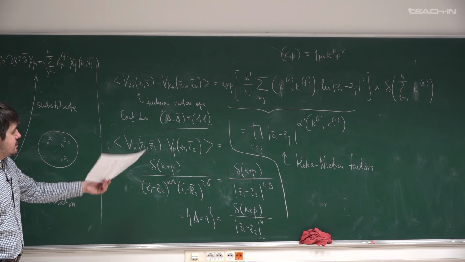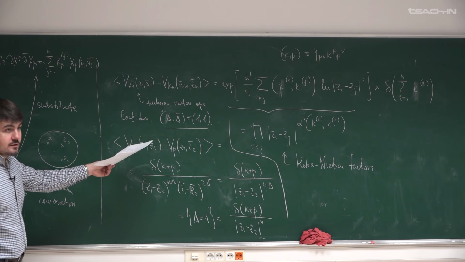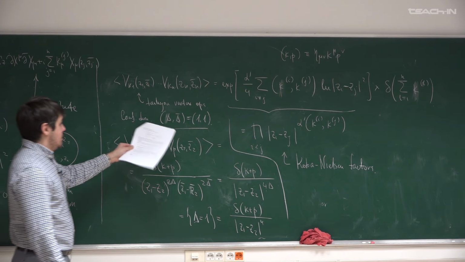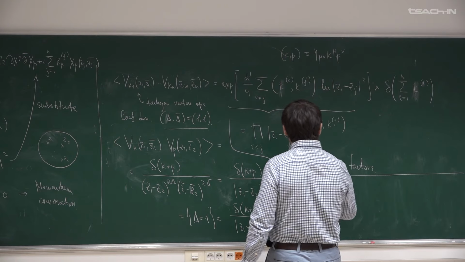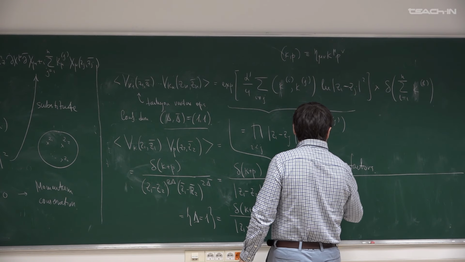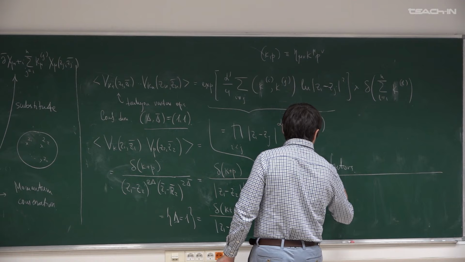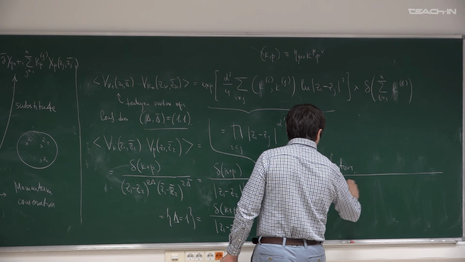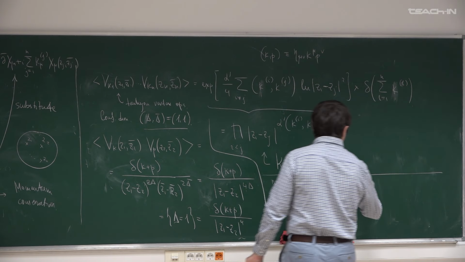So what does it tell us about the momenta? Well, from this formula we can derive, as the simplest case, when n is 2, that the correlator of Vk of z1, z1 bar, Vp of z2, z2 bar is delta function of k plus p, times modulus z1 minus z2 to the power alpha prime k with p.